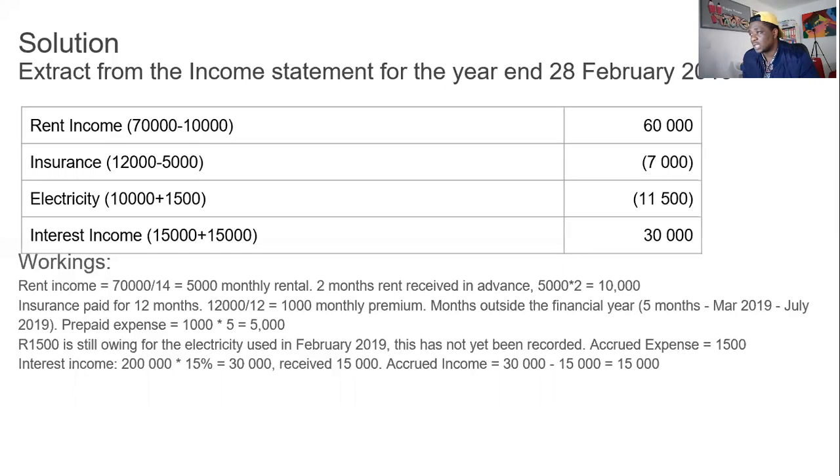The months outside the financial year are 5 months, March 2019 to July 2019, so the prepaid expense would be 1,000 multiplied by 5. You exclude 5,000 from the 12,000, and have an insurance expense for the year of 7,000 in the income statement. Then you'd have a prepaid expense under assets in the balance sheet of 5,000, relating to insurance.